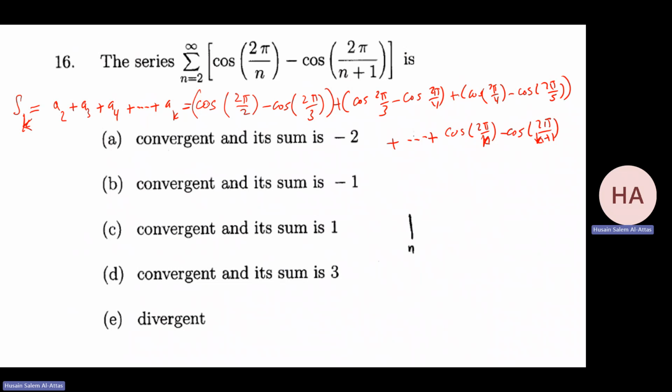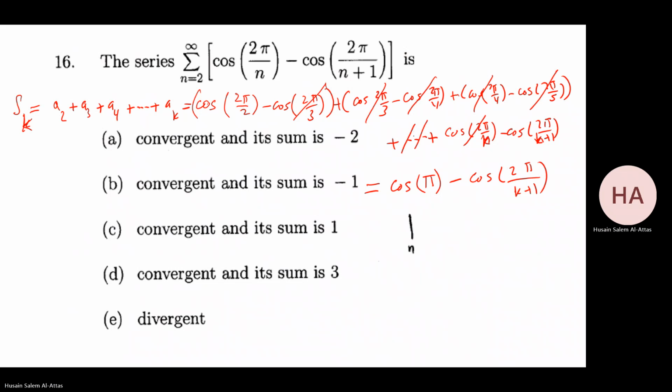Do I like it? For sure, these are cancelled. And this one also cancelled. This one also cancelled. So I have cosine pi minus cosine 2 pi over k plus 1.